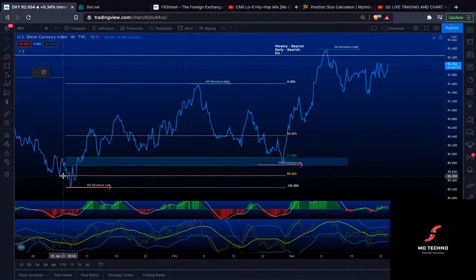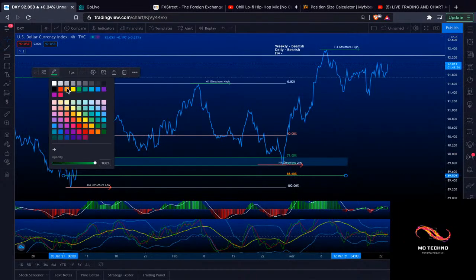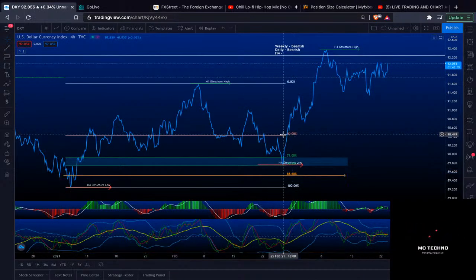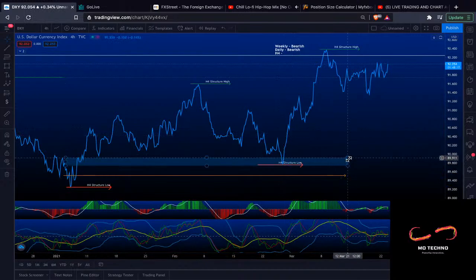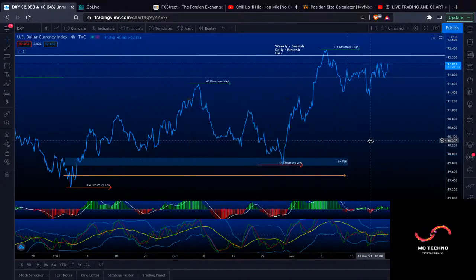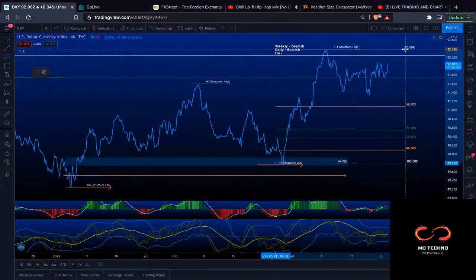And my 88.6, which was right around there. Now, I'm going to get rid of the fib. Quickly call this my H4 POI. And now our second one, which is from this low to this high.